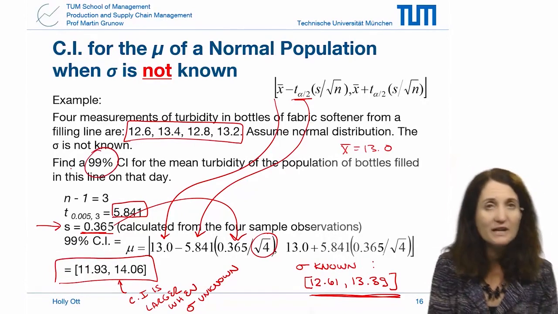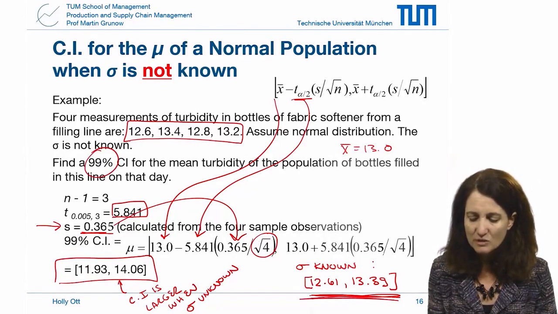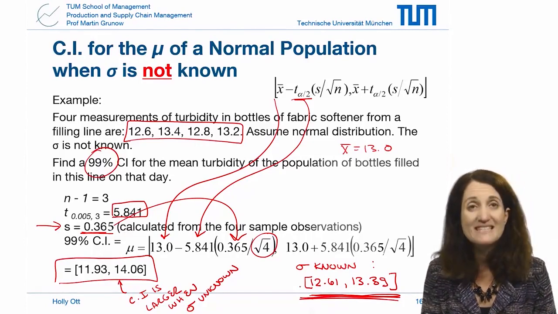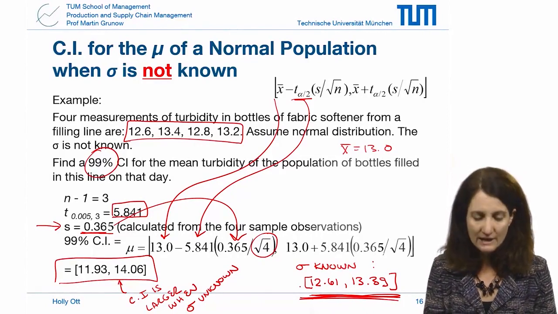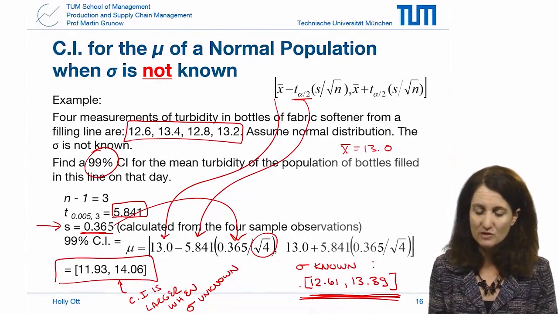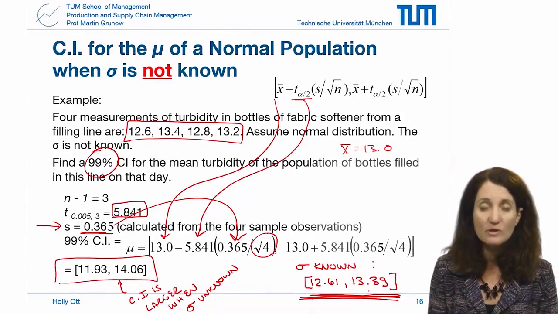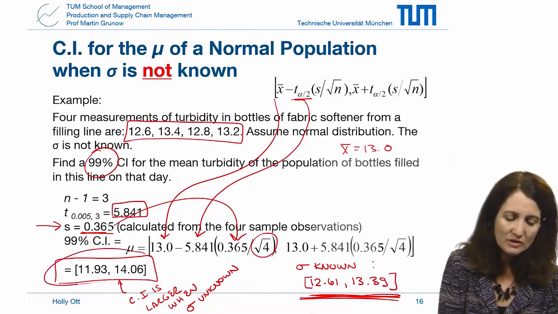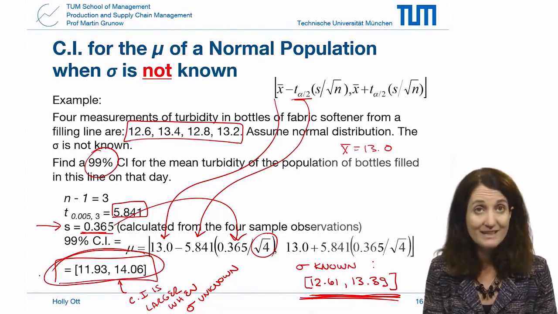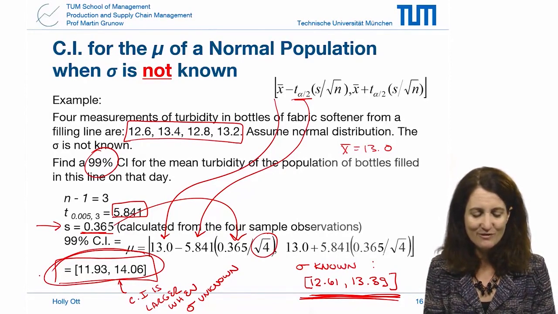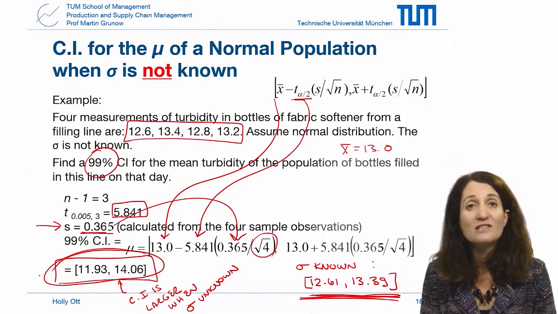Again, we're using the same 99%. We can tell our customer with more precision where we think the population mean will lie, that I'd be 99% sure that it will lie within 12.61 and 13.39. But if we don't know sigma, we can still tell our customer that we're pretty sure that it lies between 11.93 and 14.06, but that interval is larger.